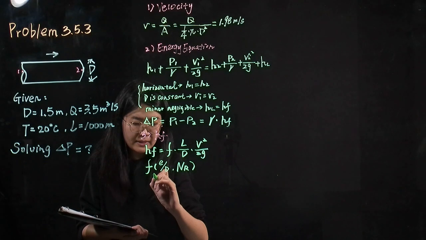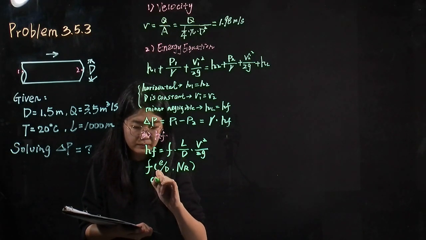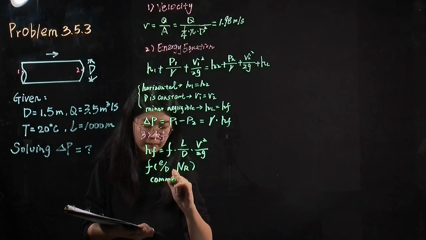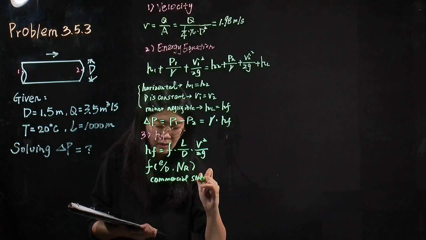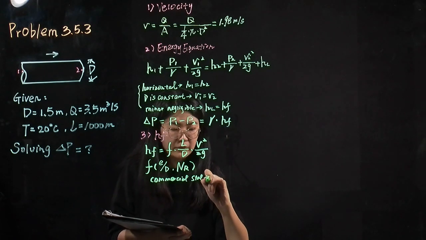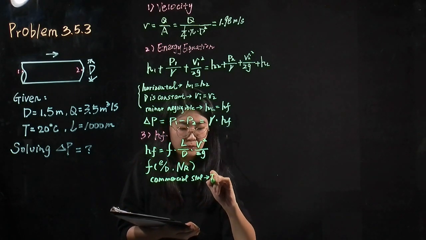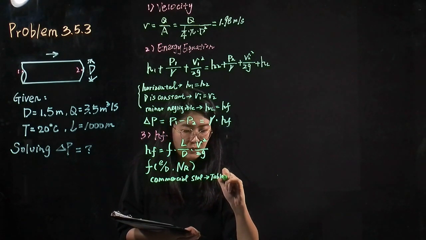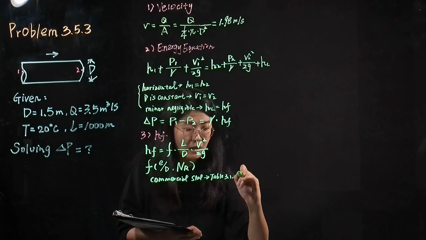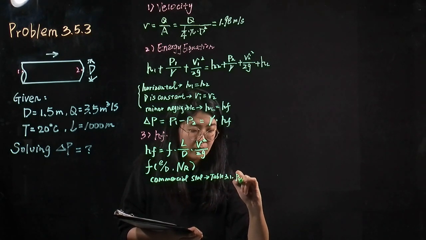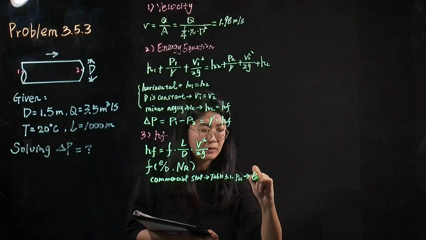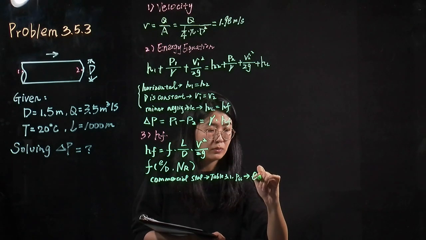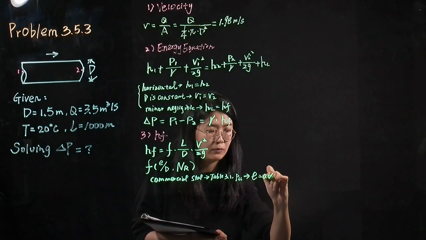We know that it is commercial steel. So if we search the value on table 3.1 on page 66, we can get the roughness is equal to 0.045 millimeter.